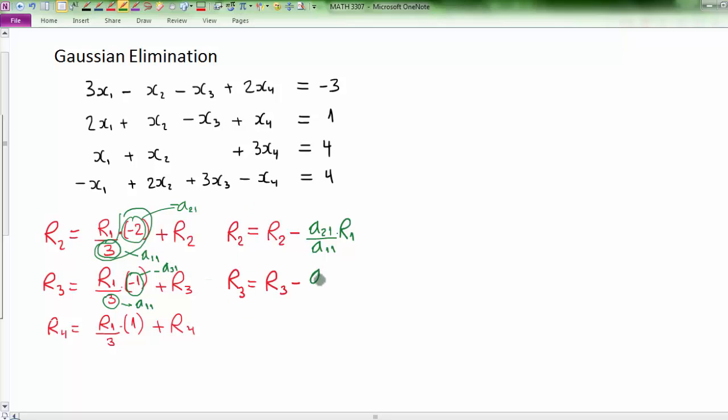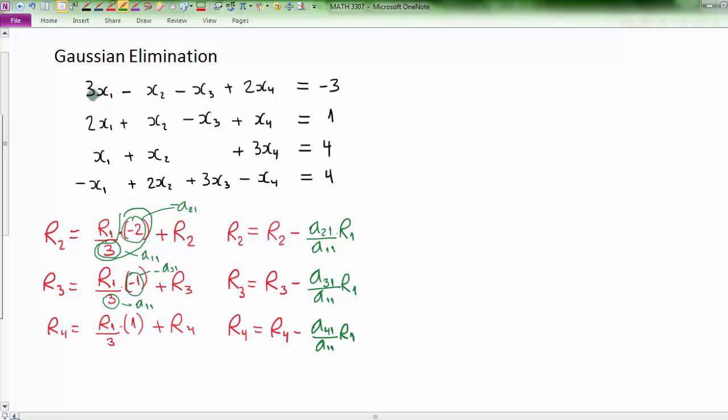So this is A31 over A11 times R1. We're using R1 to eliminate. Then row 4 is row 4 minus A41 divided by A11 times R1. So that will take care of these 3 coefficients here.